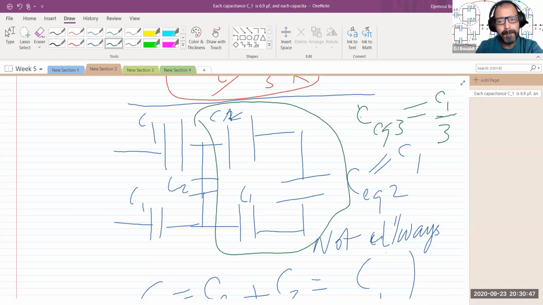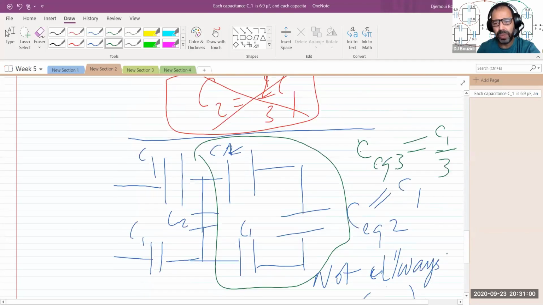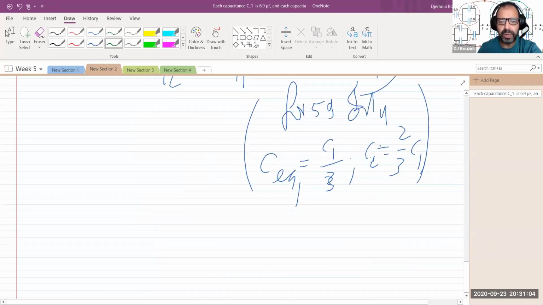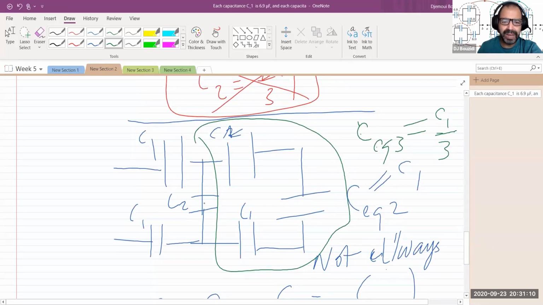This is for this problem and this problem only, not always. Okay? Again, the C equivalent for this, C equivalent 3, now we are at CEQ3. We're reducing our circuit further and further. This is how the circuit looks now. We still have this C1, we still have the C2, we still have the C1, and we replace everything on the right-hand side just by their C equivalent 3.